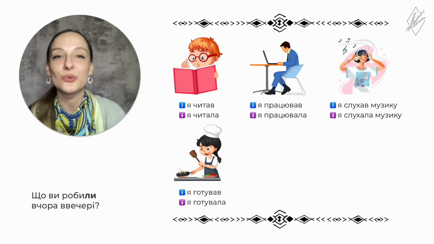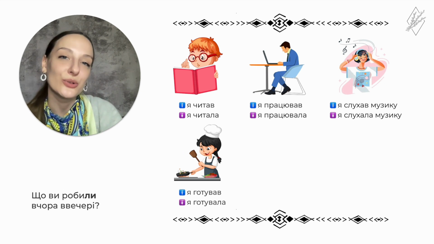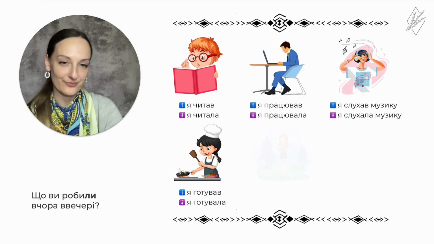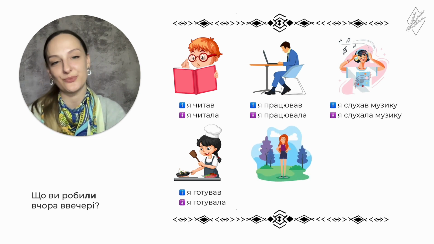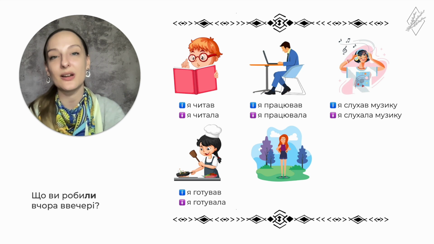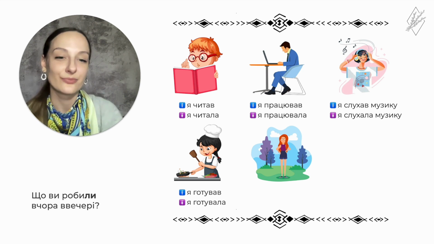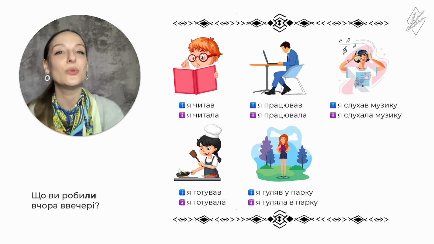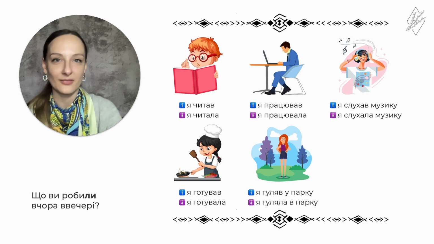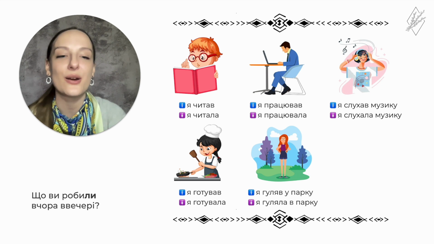Я готував, я готувала. The next one. To walk in the park. Я гуляв у парку, я гуляла в парку.